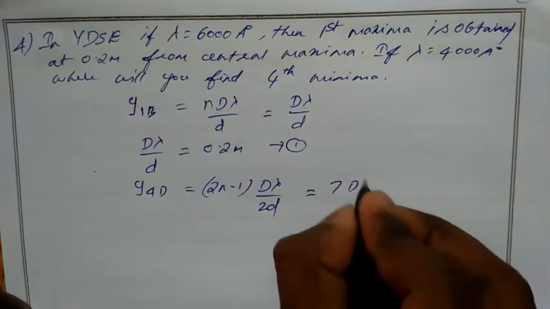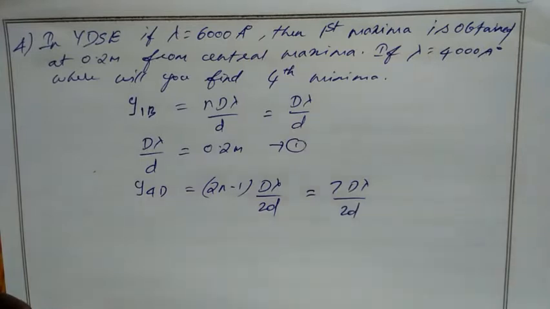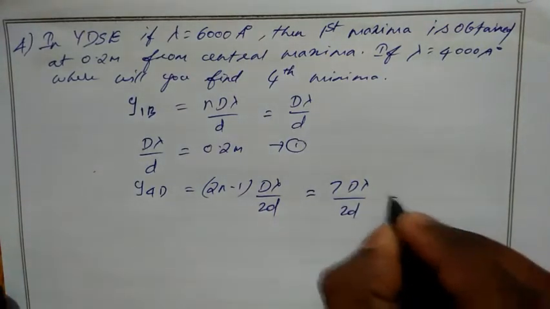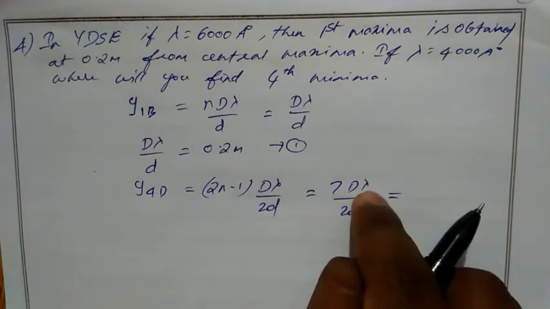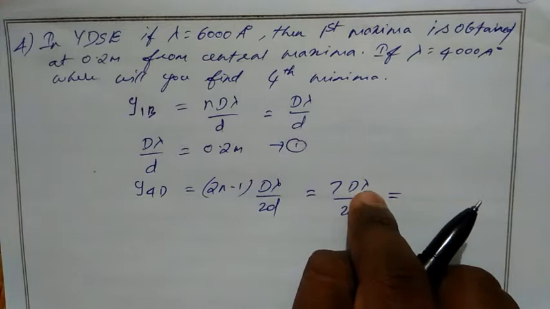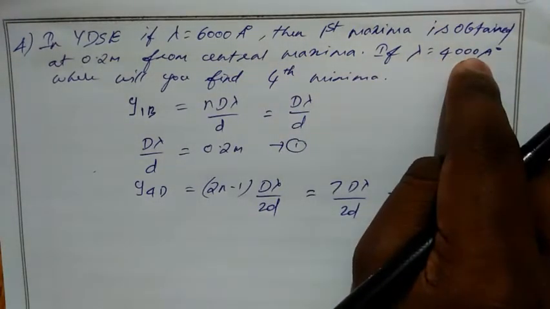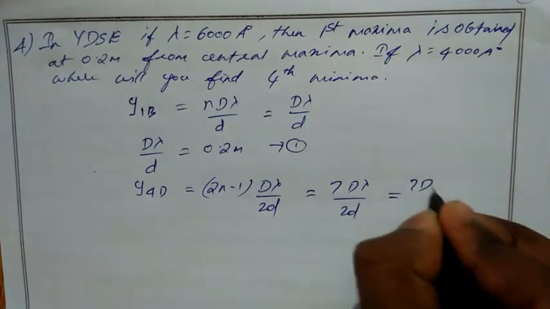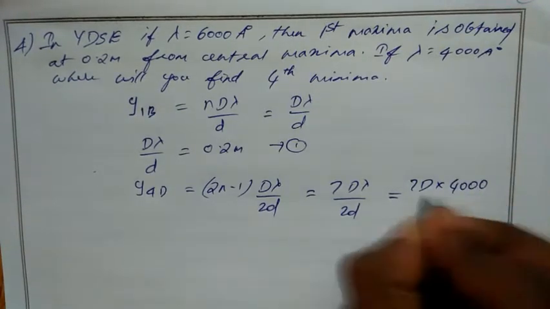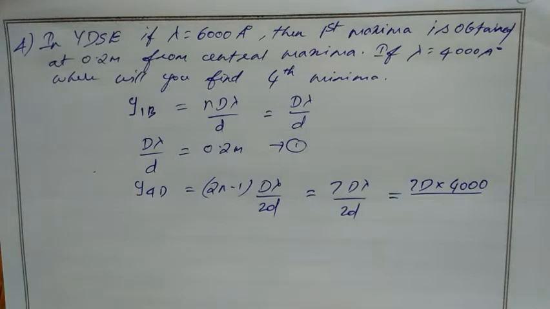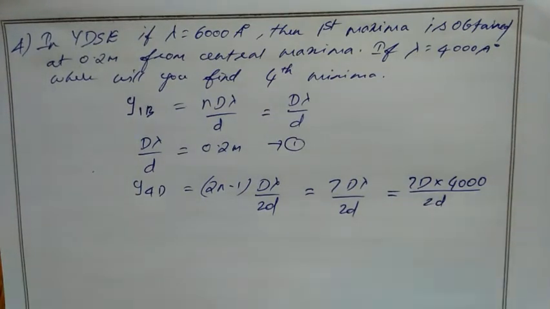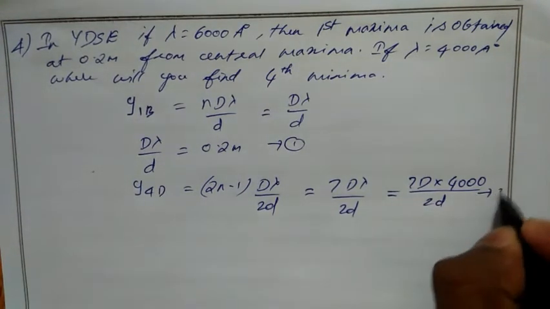So we get 7 D lambda divided by 2d. For the fourth minima, our lambda is 4000 angstrom. Then we can write 7 D into 4000 divided by 2d. So this is our equation 2.